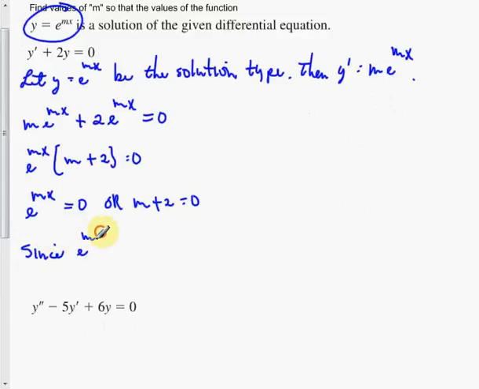Since e to the mx is not equal to 0 for any choice of x real, this implies then that m is equal to -2, this part right here.